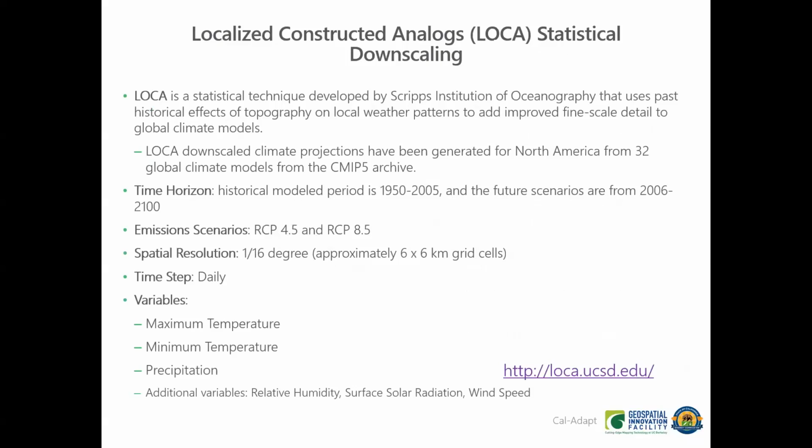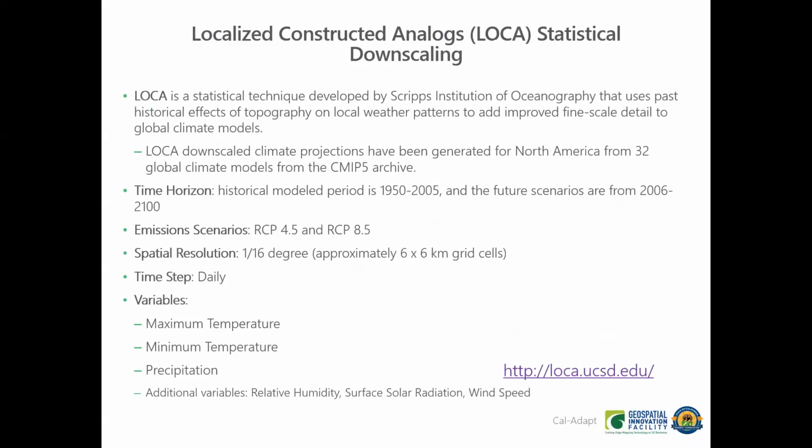So as I mentioned, there are 32 global climate models that are available through LOCA. As for the time horizon, there is a historical modeled period from 1950 to 2005, and then there's also future scenarios. So we're looking at projected climate data from 2006 to 2100 or 2099, depending on which exact model. So for each of these models, there are also 2 emission scenarios that we're hosting on CalAdapt.